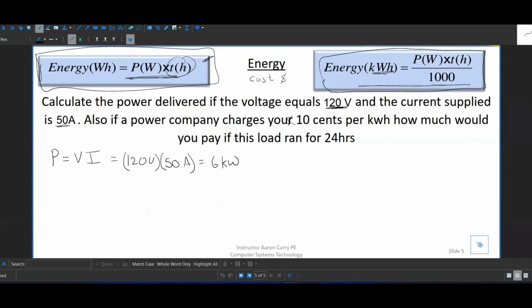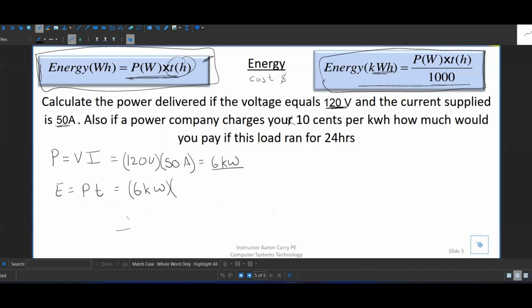All right. And so now, if we want to calculate the energy, energy is going to equal your power times your time. Now all you have to do is plug in your power, which is already in kilowatts. So 6 kilowatts times your time.